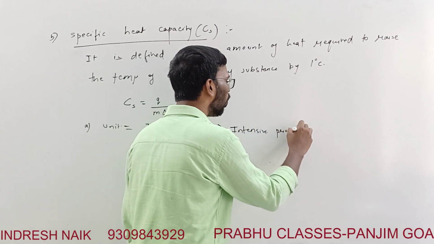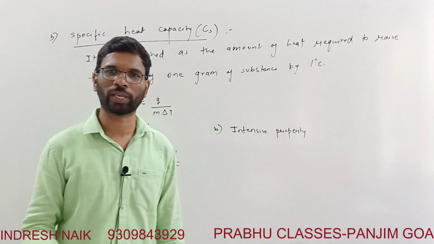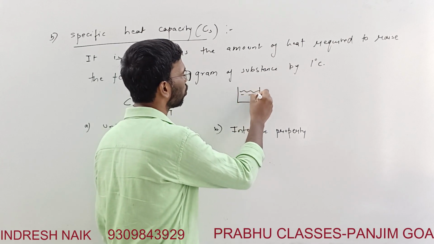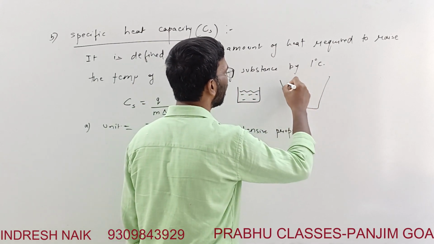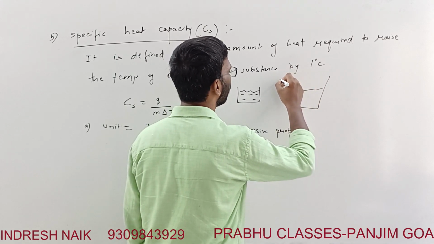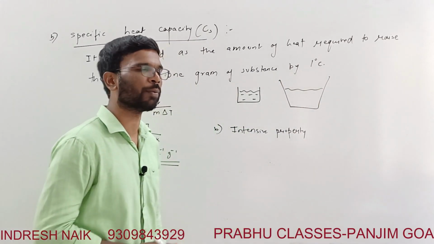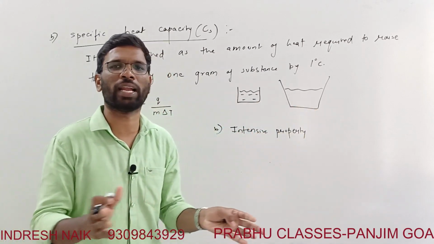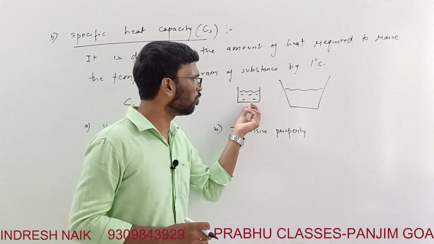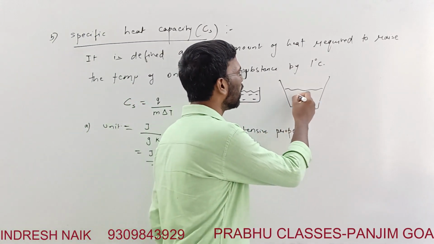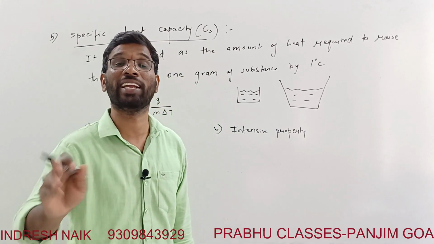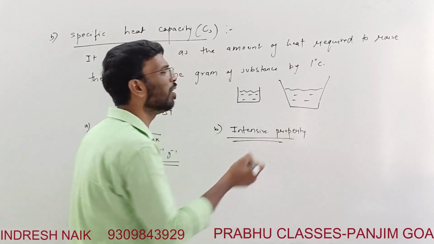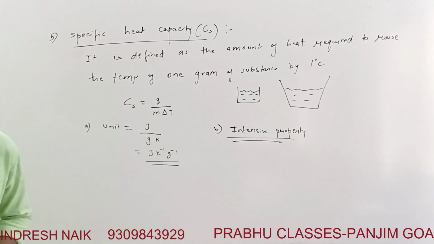The reason is, whatever the amount supplied, let's say I supply you 1 glass of water and 1 bucket of water, and I tell you to find the specific heat capacity. You are just going to take 1 gram of this and 1 gram of that and calculate independently, right? So whatever may be the amount, finally you are calculating the heat capacity for 1 gram only. That's why it is an intensive property, independent of the amount of the substance.